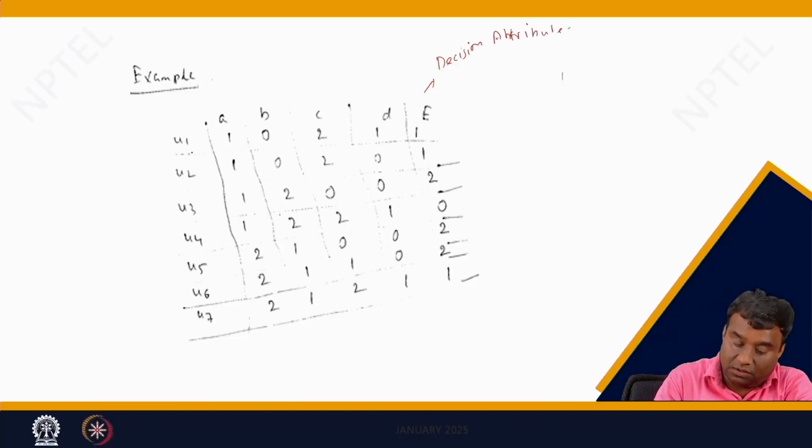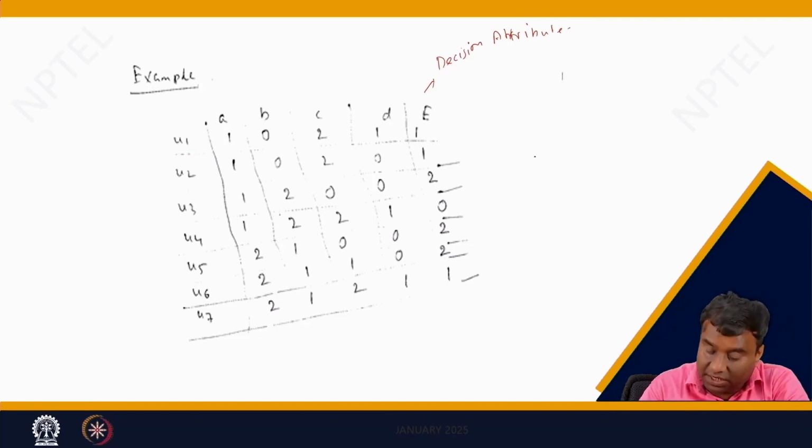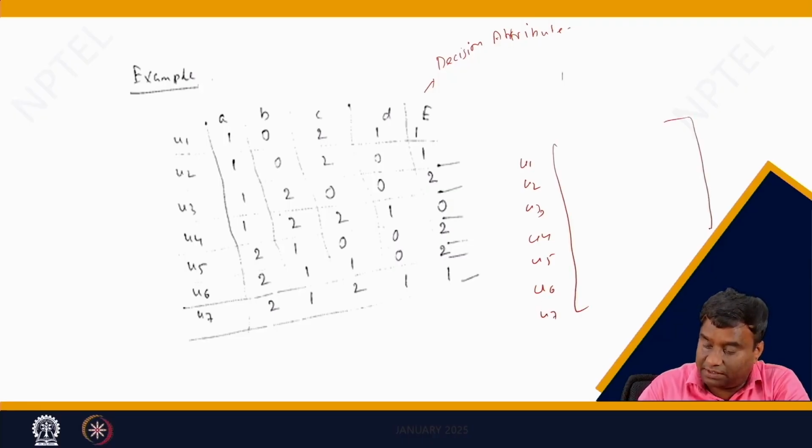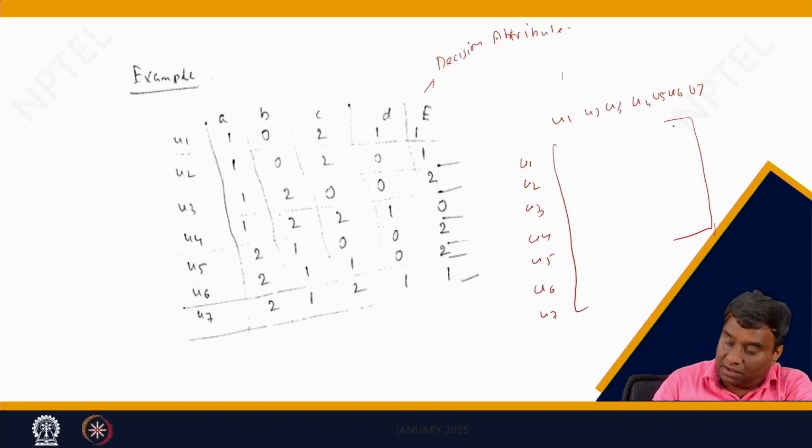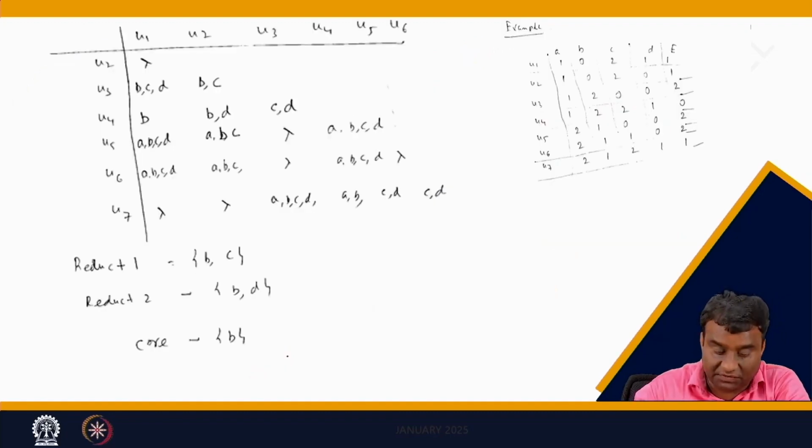In the row we will get u1 to u7, and the column also will get u1 to u7. So we can eliminate the last column and first row, so it will now become a 6 cross 6, not a 7 cross 7 matrix.